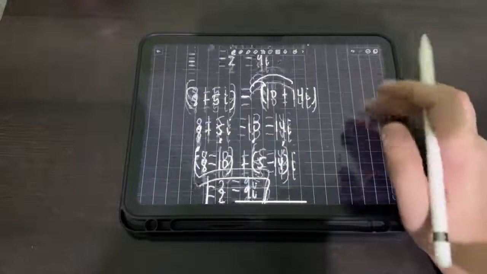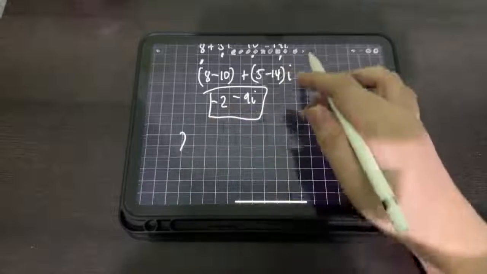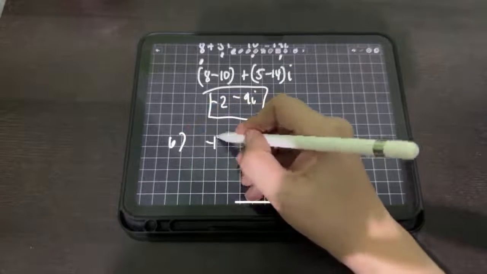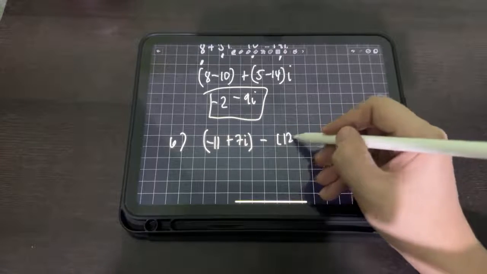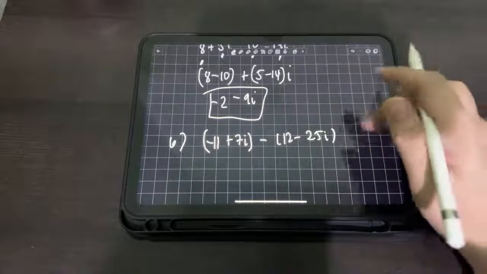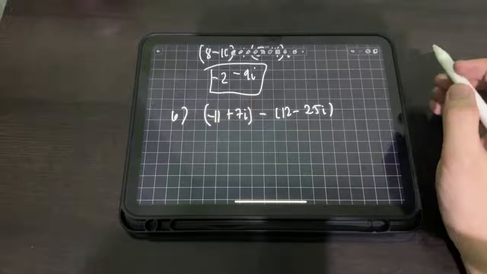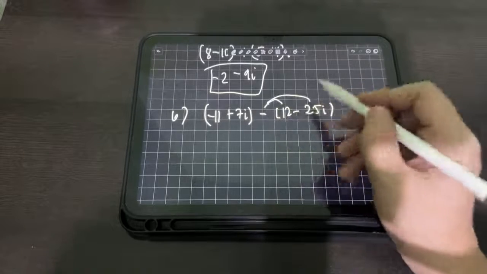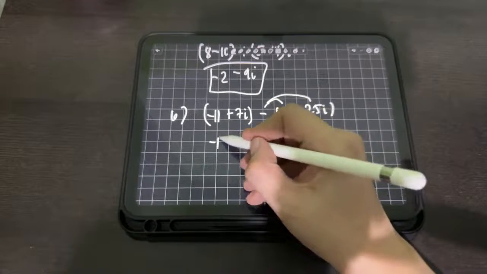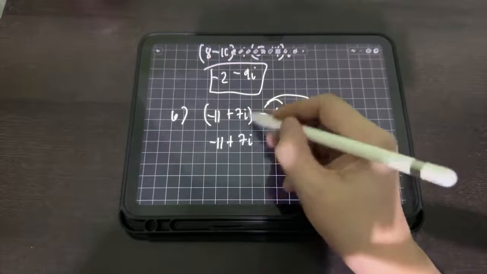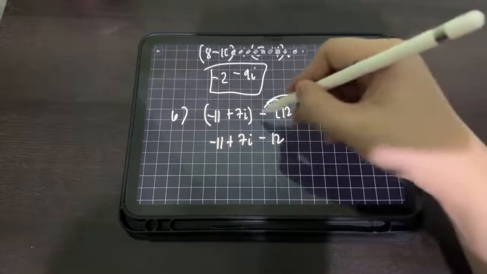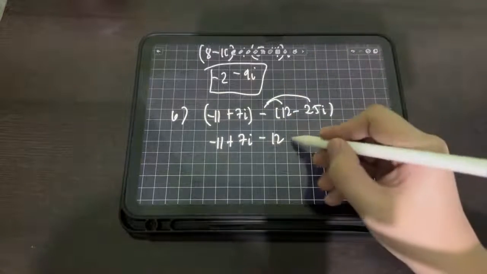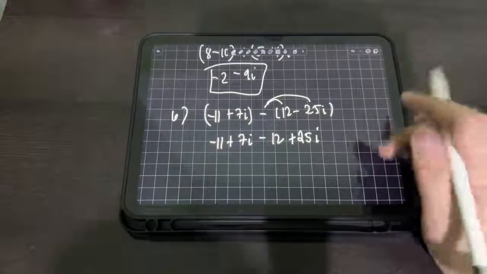Okay, next, number 6. -11 plus 7i minus 12 minus 25i. So we have subtraction again. We can distribute this negative sign. We will have -11 plus 7i, just copy, minus 12. Then we will have negative of -25i, positive 25i.